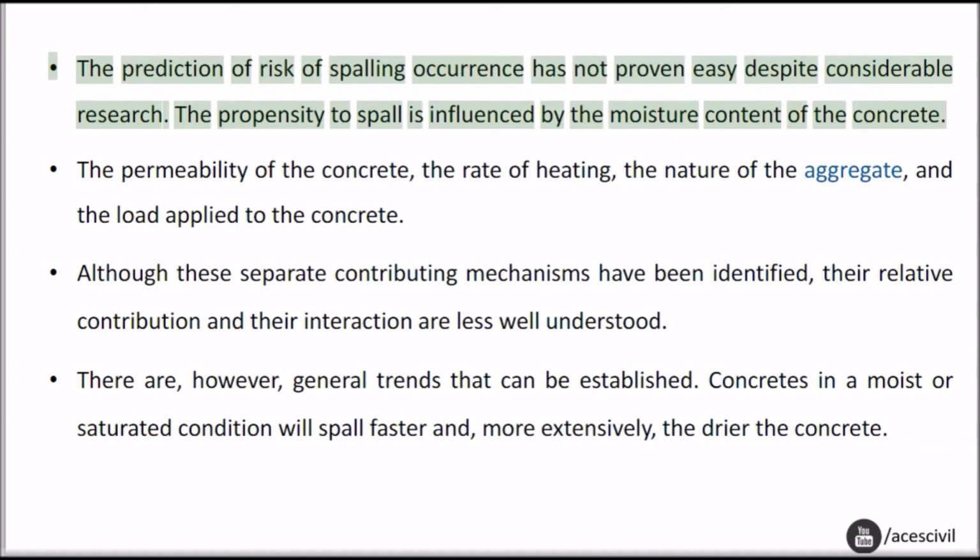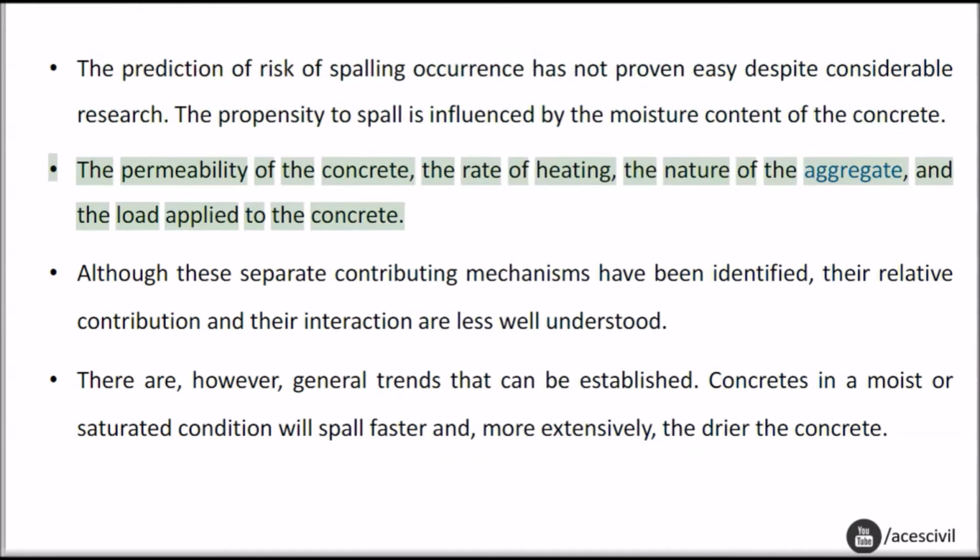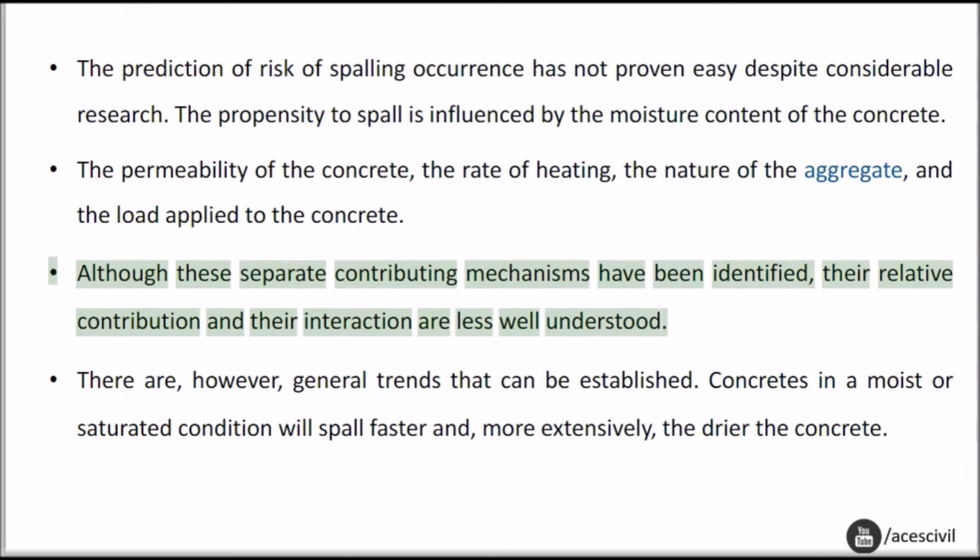The propensity to spall is influenced by the moisture content of the concrete, the permeability of the concrete, the rate of heating, the nature of the aggregate, and the load applied to the concrete. Although these separate contributing mechanisms have been identified, their relative contribution and their interaction are less well understood.